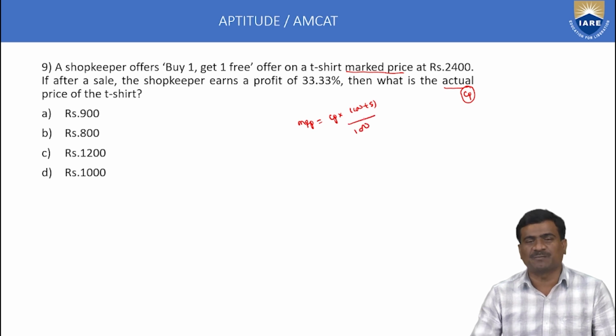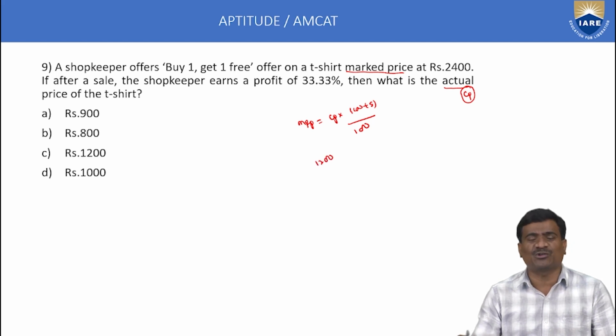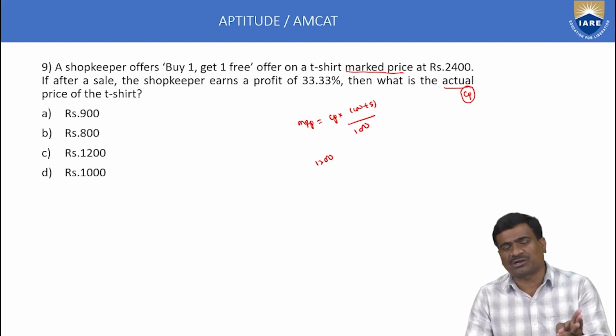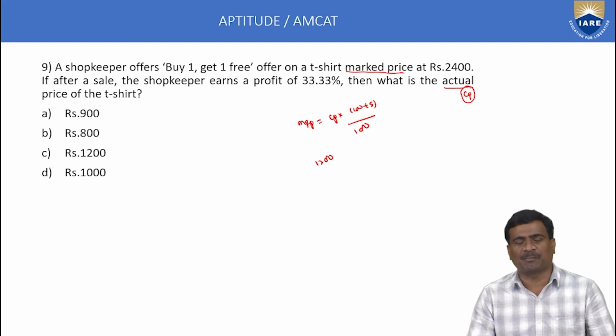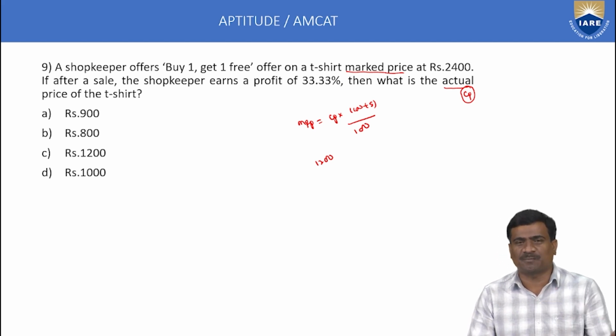This is the principle; simplification is easy. Now substitute MRP 1200, but not 2400. This formula is applicable only to each article's price. Here the cost price, selling price and MRP, all the terms, are converted into one article's price.